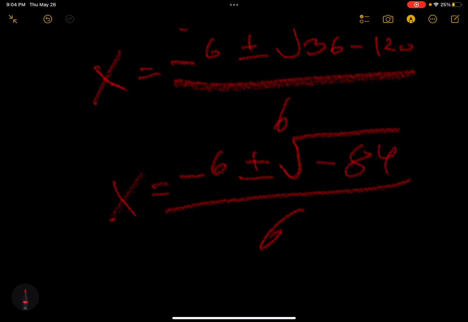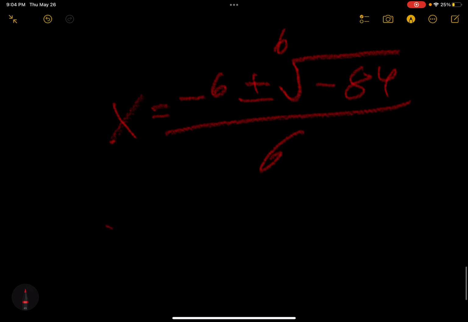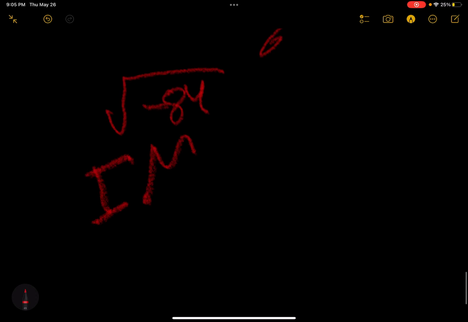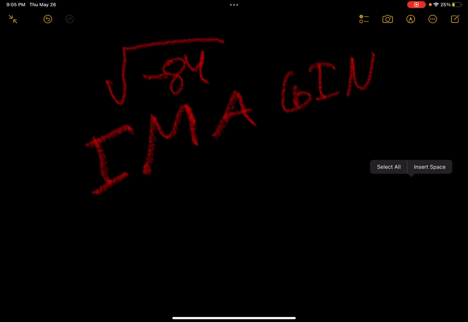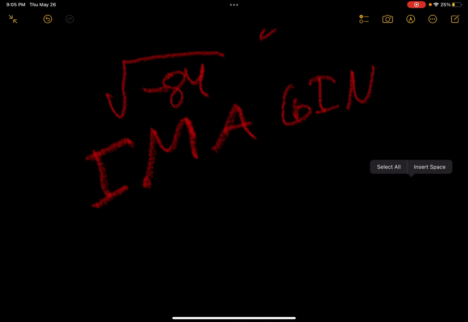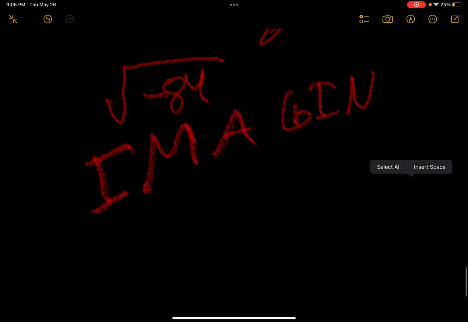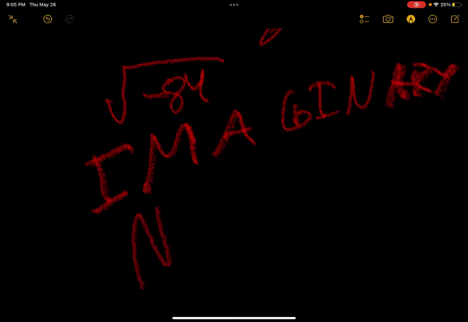Now, here's the tricky part. Negative 84. Square root negative 84. You can't do that. The square root of negative 84 is an imaginary number. Imaginary. I spelled that wrong, didn't I? Is an imaginary number.